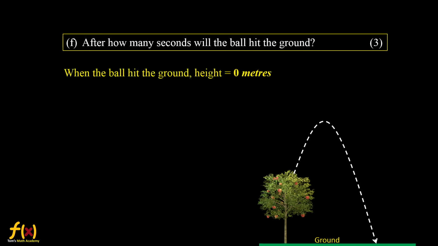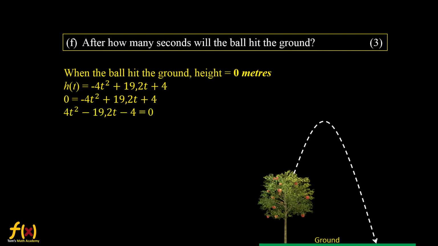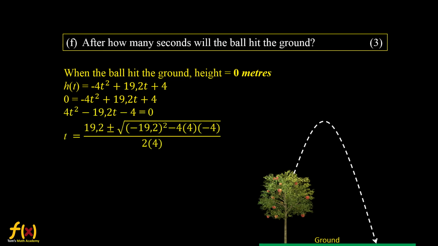The ball hits the ground, but the height at the ground is 0 meters. h(t) equal to minus 4t squared plus 19,2t plus 4, where the height is 0. So we solve for t using the formula. We substitute very carefully and use the calculator.